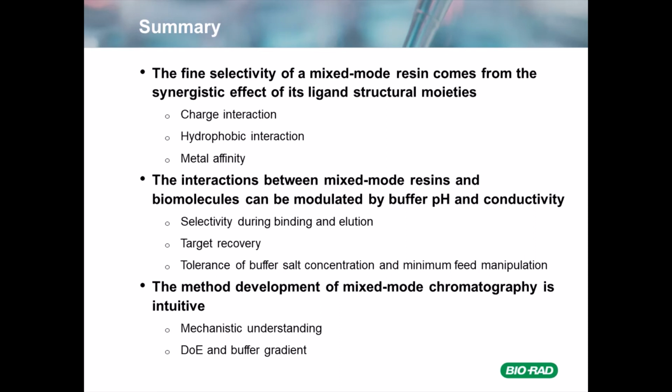And we can obtain the targeted selectivity and recovery by buffer pH and conductivity variation. The salt tolerance of the mixed-mode chromatography media can help us reduce the process steps and minimize the feed manipulation. This will help improve the overall process economy.